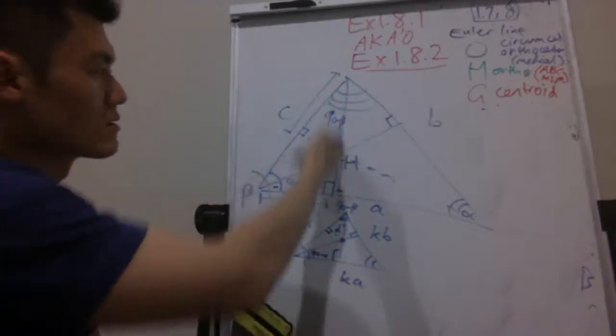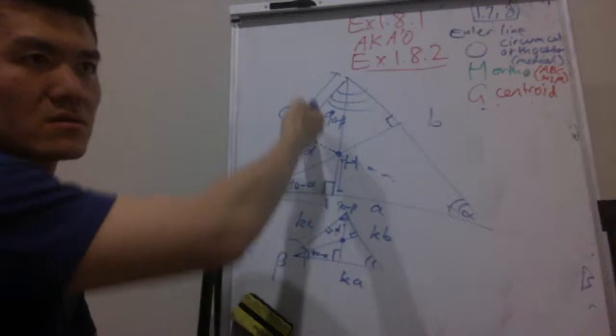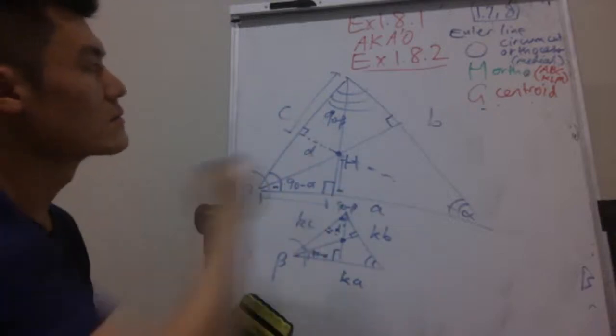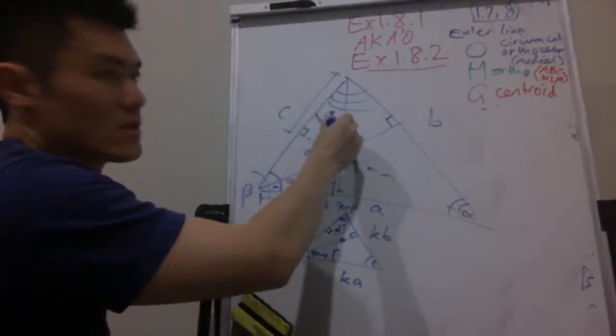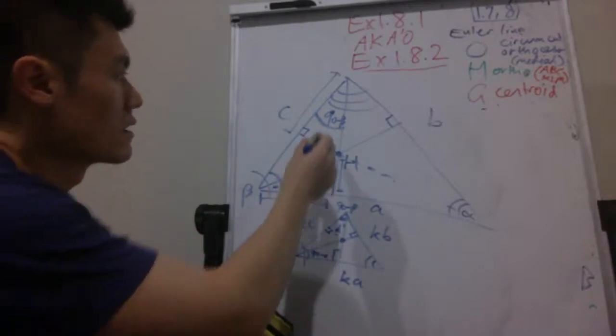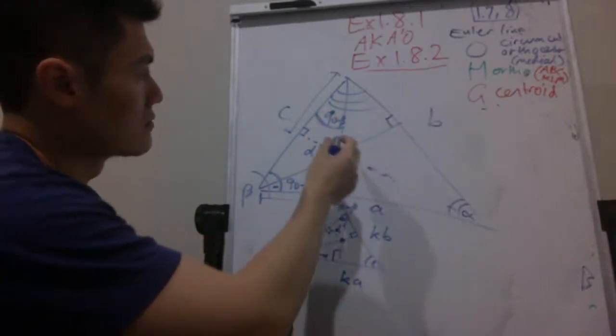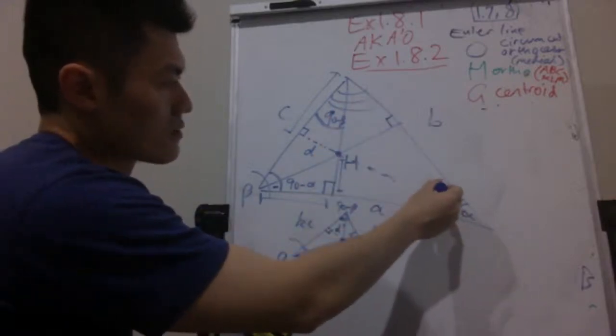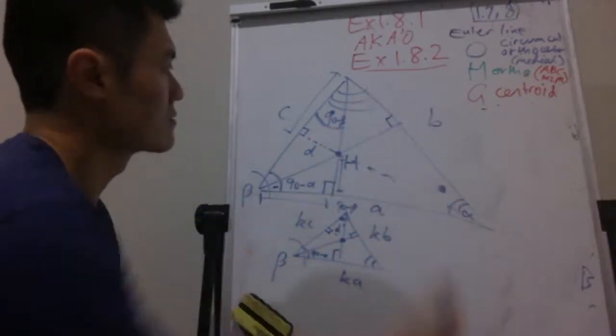That's what I mean by constant: it's the same between the similar triangles. So this angle is constant at 90 minus beta, the other angle is also constant, and for the same reason, this angle is also constant.